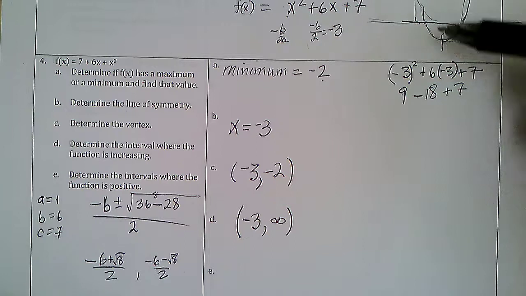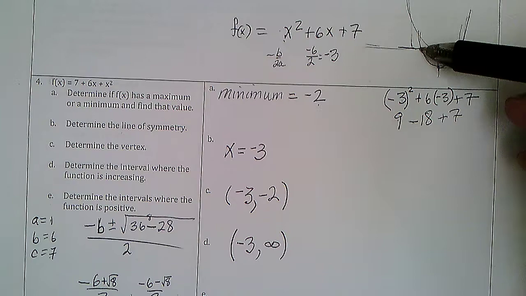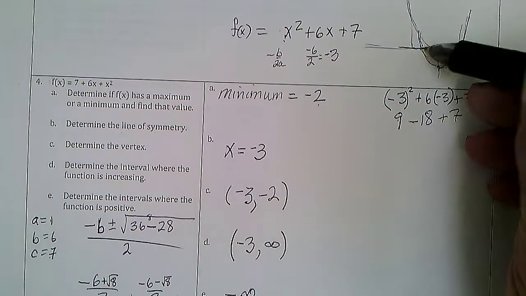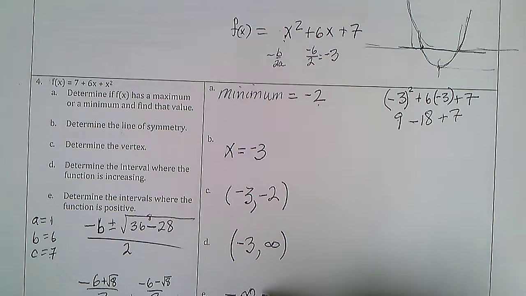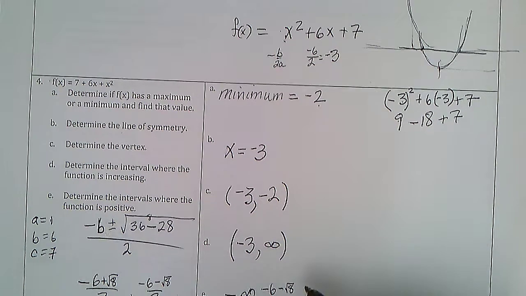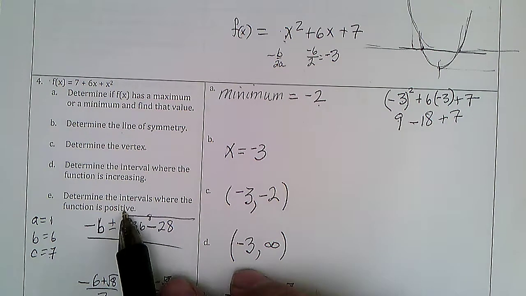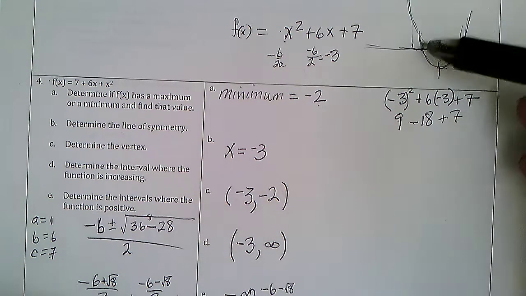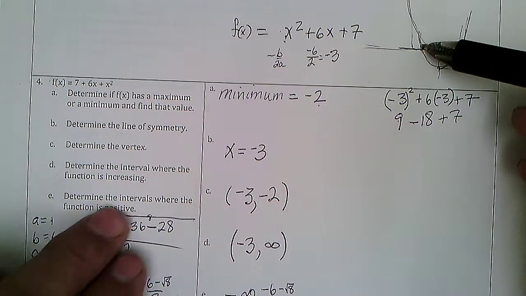And the smaller one here, and it's positive below that, so from negative infinity up to the smallest 0, that would be the minus 6 minus the square root of 8 all over 2. That does simplify, but we don't need to. And right here it would be equal to 0 in height, but we don't want to be equal.